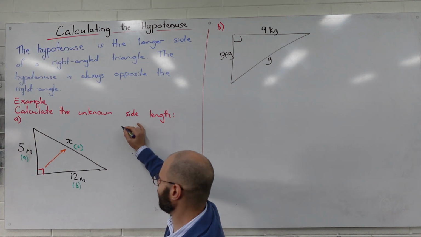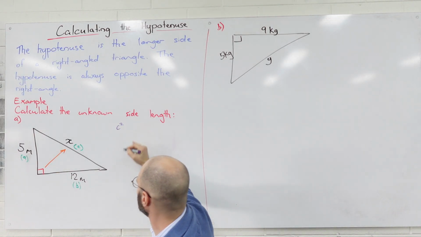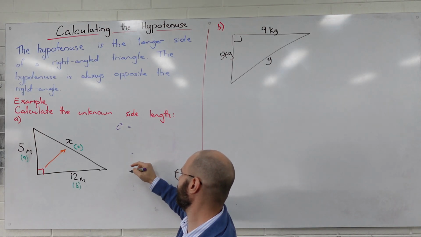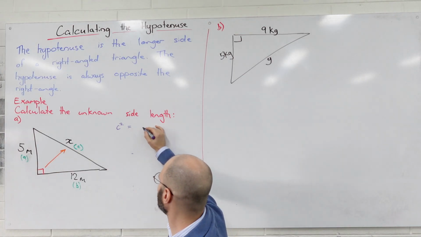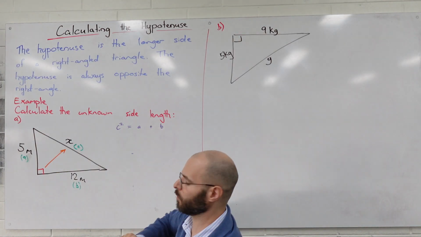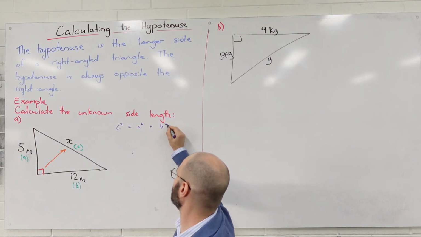Pythagoras' theorem states that the square of the hypotenuse, c squared, is equal to the sum of the squares of the other sides. The sum of the other sides is a plus b, but it's the sum of the squares of the other sides. So it's a squared plus b squared.